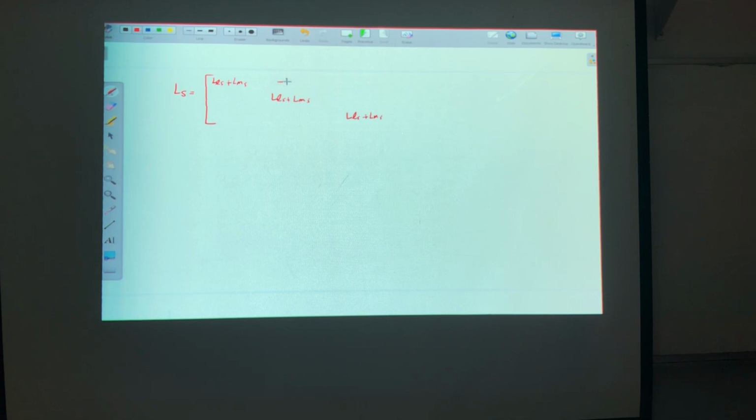And here I'm having what? Minus. LR equal to what?